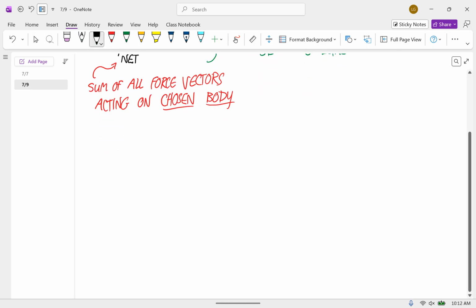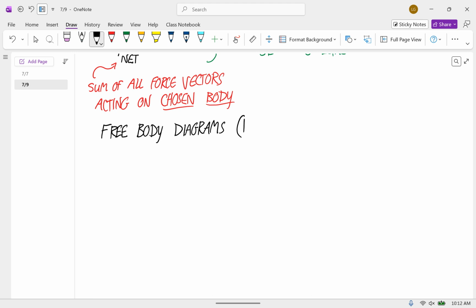All right, so now every time you use Newton's second law, you need to draw a free body diagram. So, free body diagrams. I'll abbreviate these FBD.